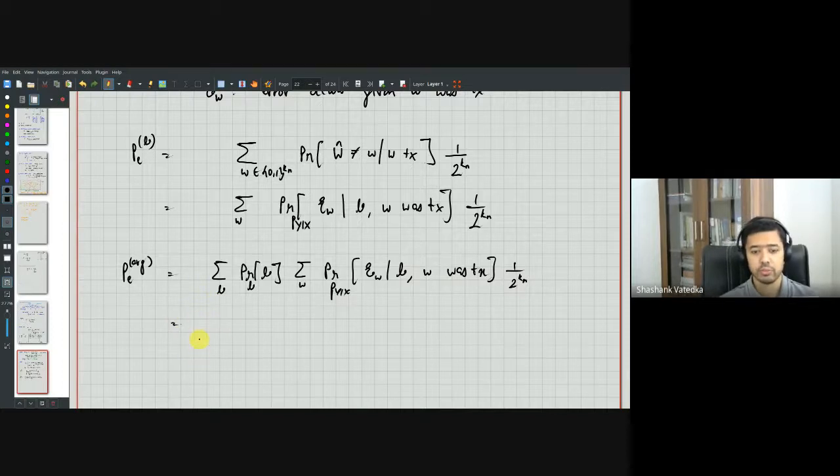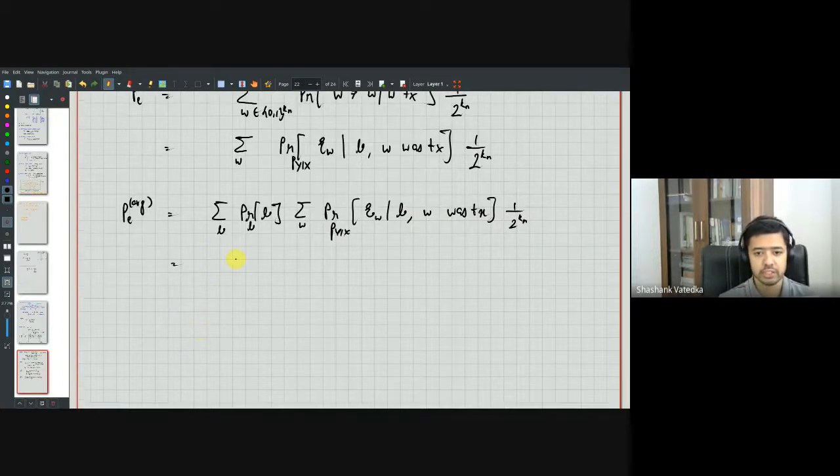Okay, so now what we're going to do is interchange the order of summation. It's basically just a mathematical step.